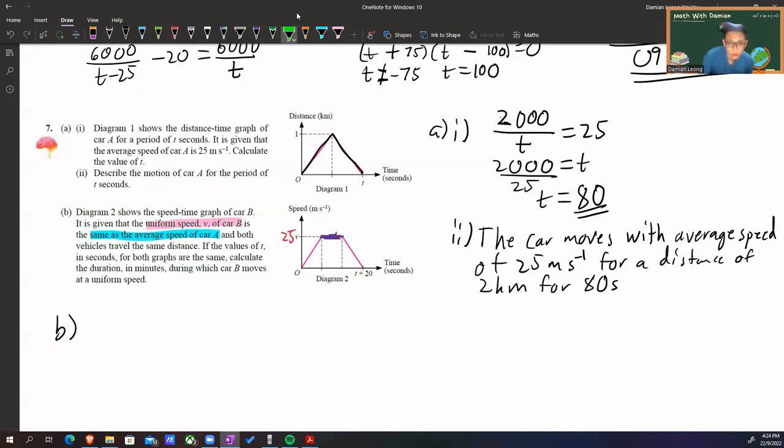Both vehicles travel the same distance. Means distance is 2 km.